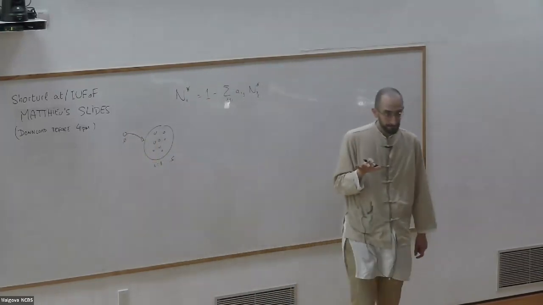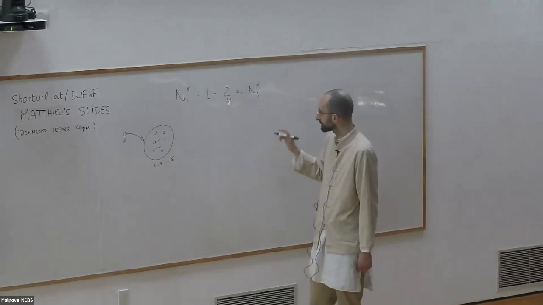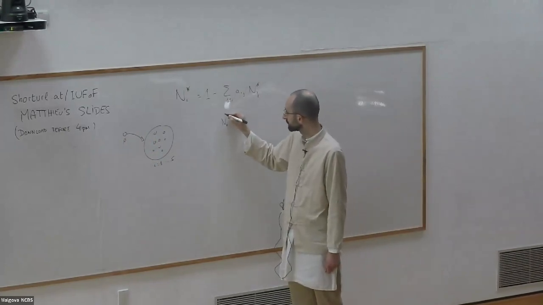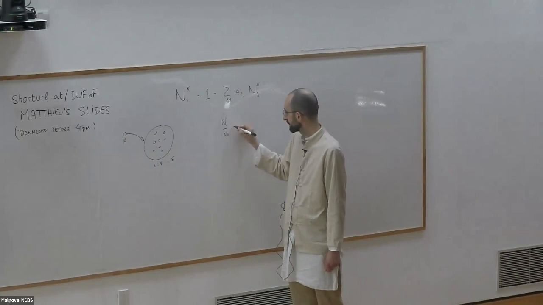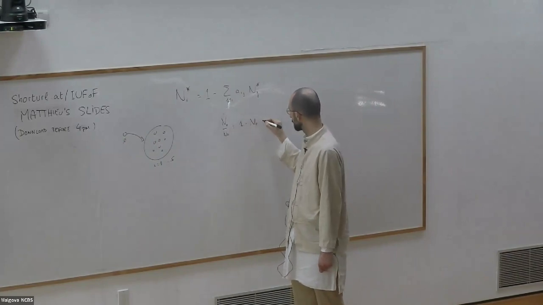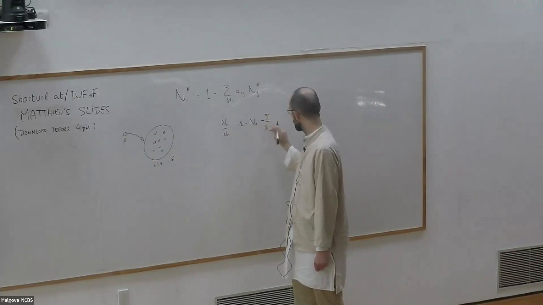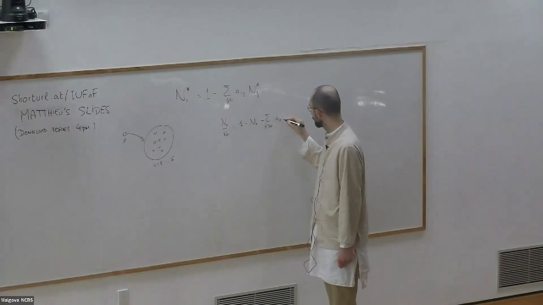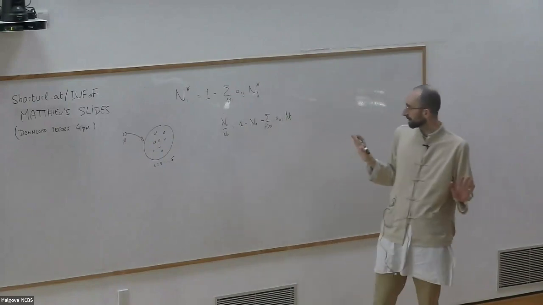Now what's going to happen is that if I write the equation for this species 0, it's just going to see 1 minus n_0 minus the sum over i greater than 0 of a_0i n_i. Nothing new for now.